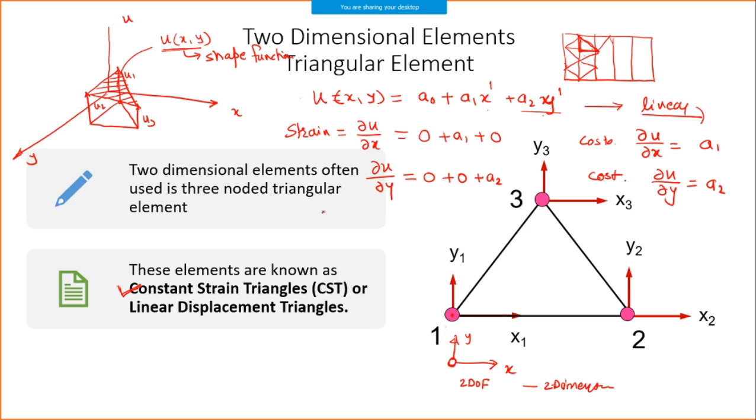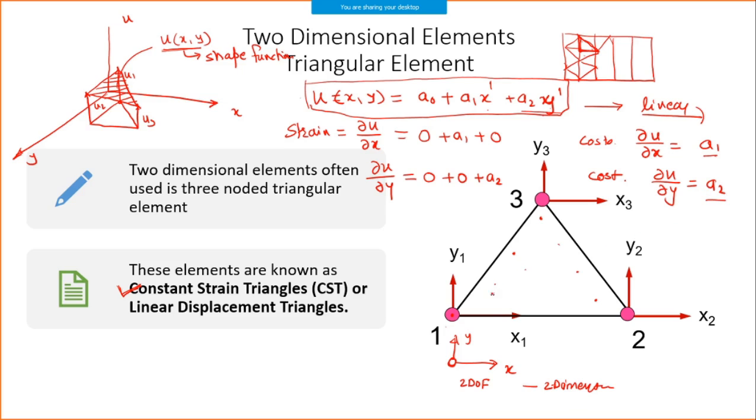That's why it becomes a constant strain triangle: this function represents a strain over the entire element. If I determine the strain at this location, or this location, or any location, I will get the same value in x and the same in y.